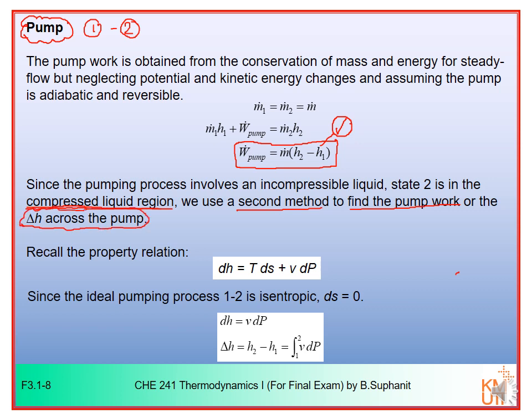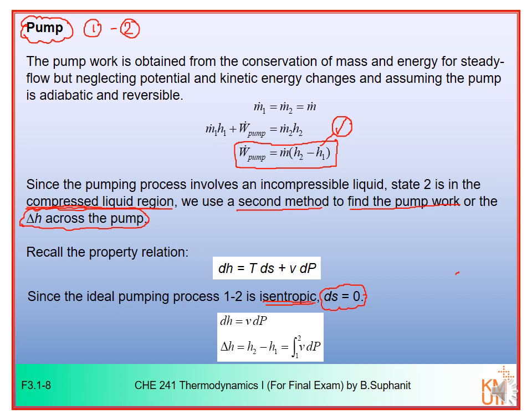We will use the thermodynamic property relation dH equal to TdS plus VdP. The pumping process here is isentropic, so we will have no entropy generation, dS equal to 0. So the first term becomes 0, and we have only dH equal to V multiplied by dP.